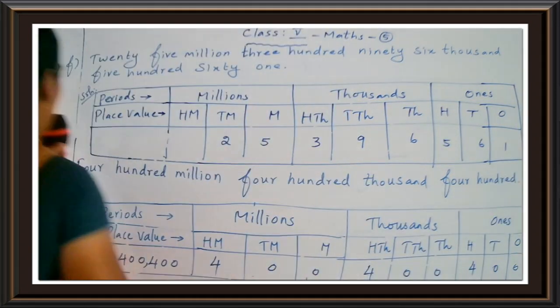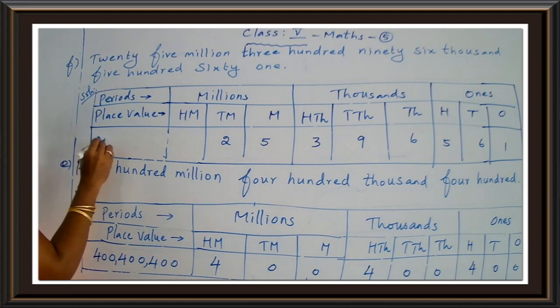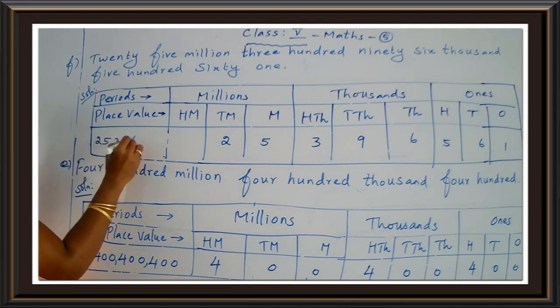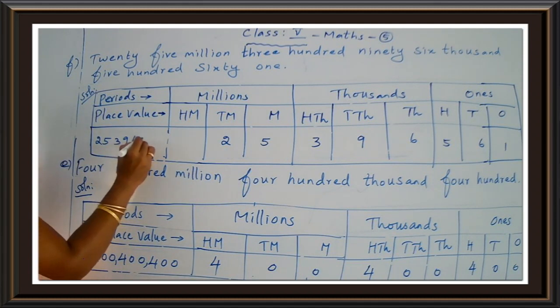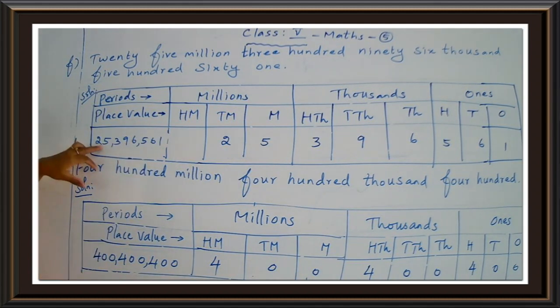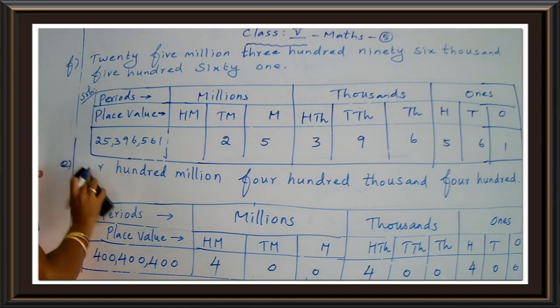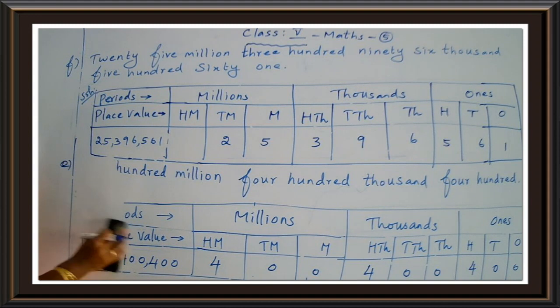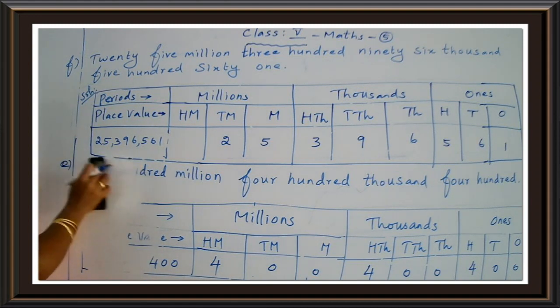So your number is 25,396,561. Okay, children? Okay, do you understand? Okay, now you write it. E after you write F, okay?